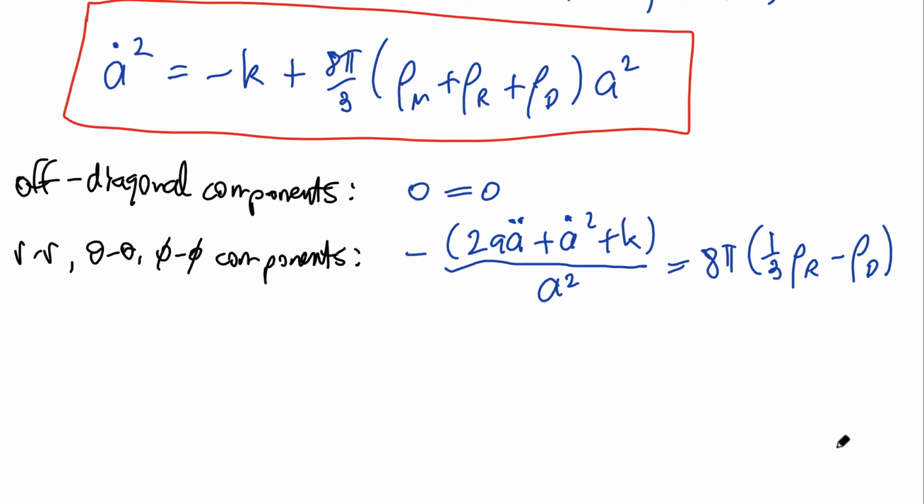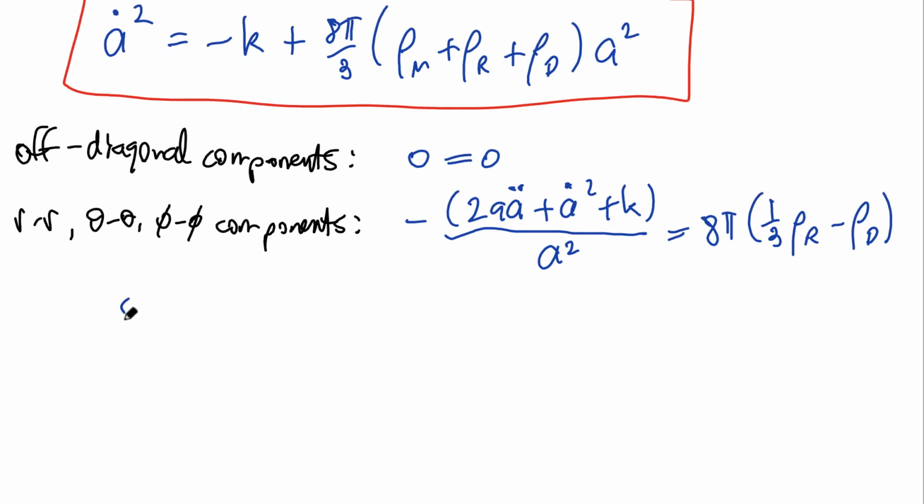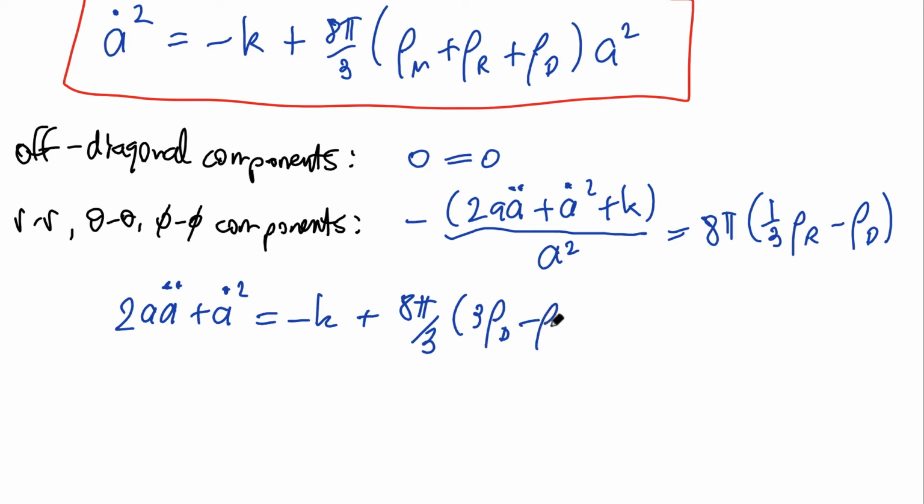Now this equation can be simplified. We have 2a double dot plus a dot squared equals minus k plus 8 pi over 3 times 3 rho d minus rho r times a squared.